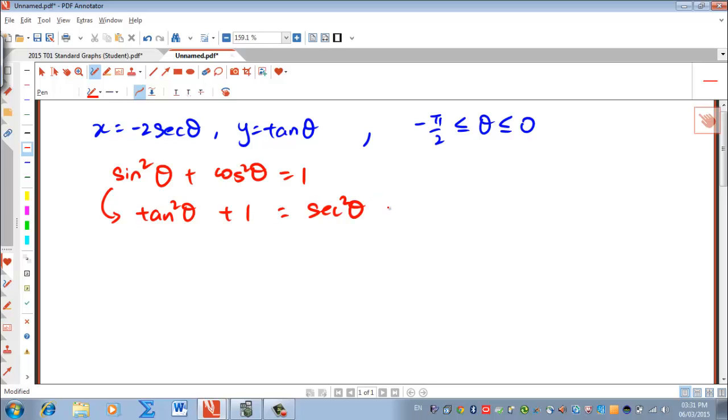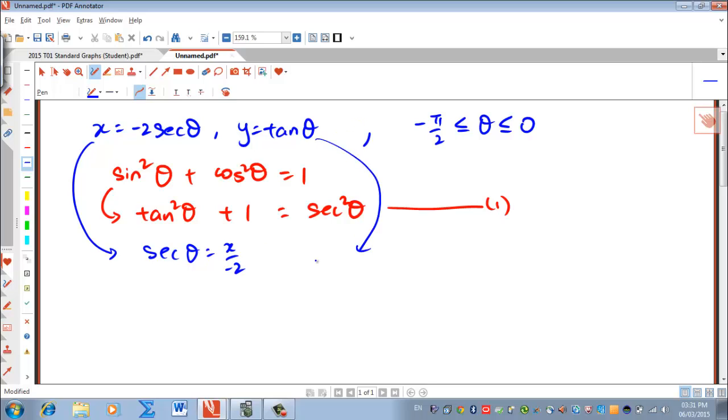So from this identity, we can substitute our secant theta in this manner. From the parametric equation, we see that secant theta is x over negative 2 and tangent theta equals y.